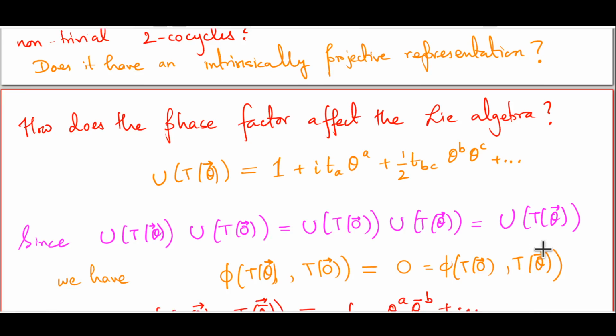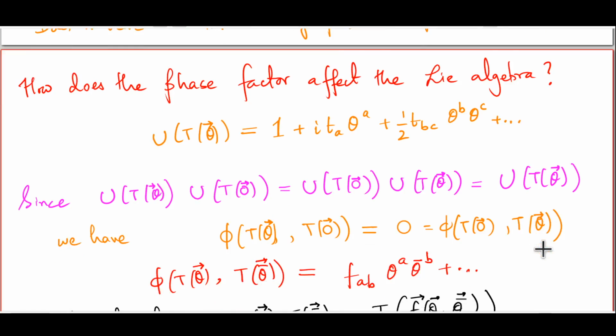And this immediately tells us that if we expand the function phi, which now depends on theta and theta bar, note that although I am putting an arrow on top of theta and theta bar to denote that they are not a single parameter, possibly they are a collection of r different parameters, we are simply going to call them theta and theta bar and not vector theta bar.